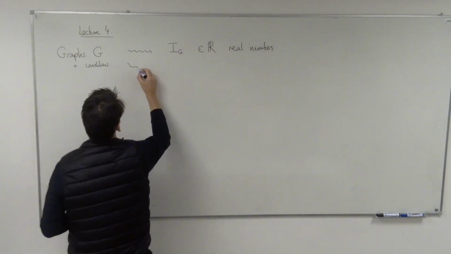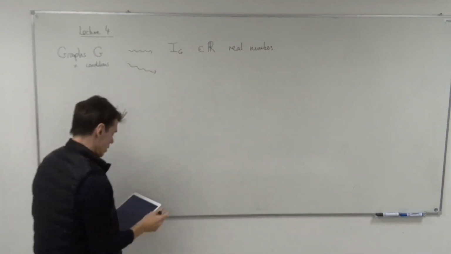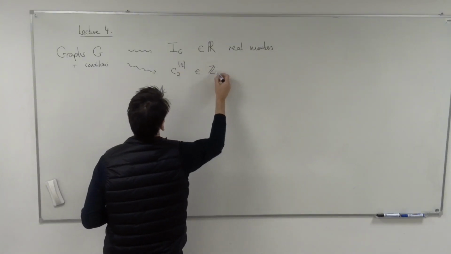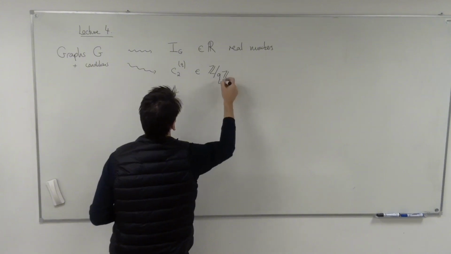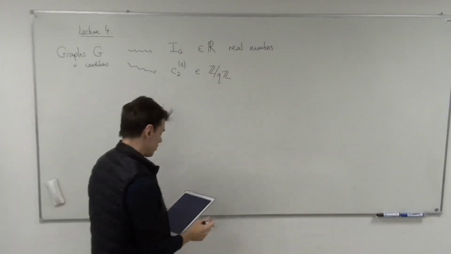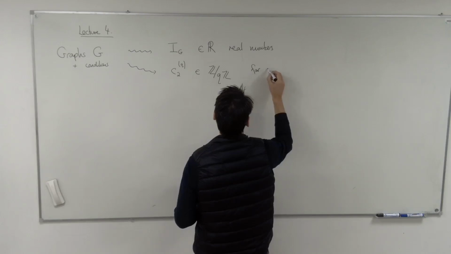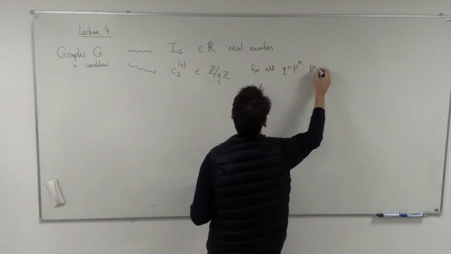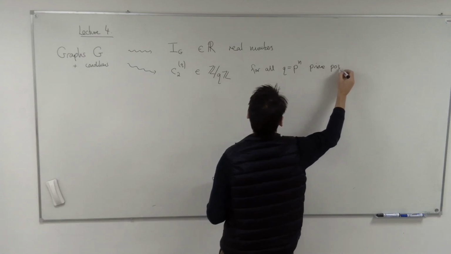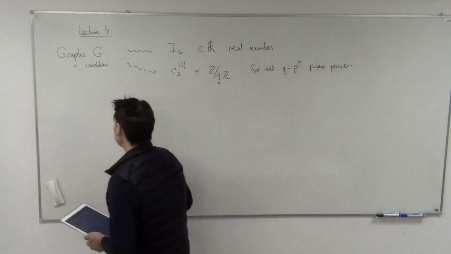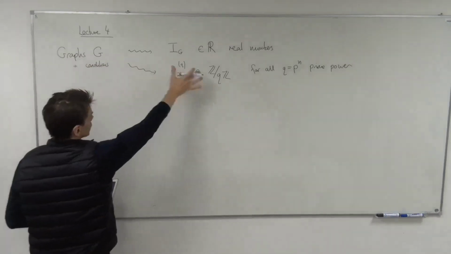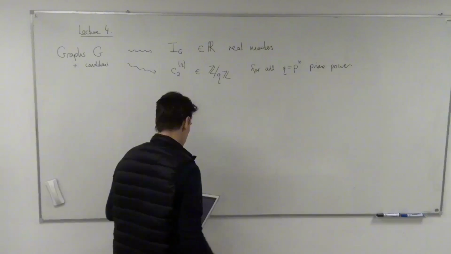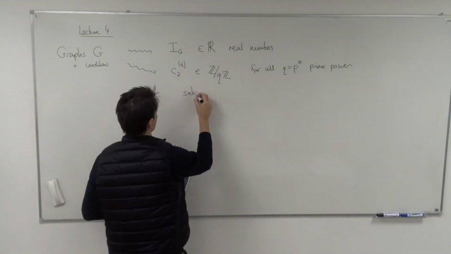And we also introduced something which are numbers modulo integers, modulo a prime power. And these functions from graphs to real numbers or graphs to Z mod QZ satisfied lots of combinatorial properties.